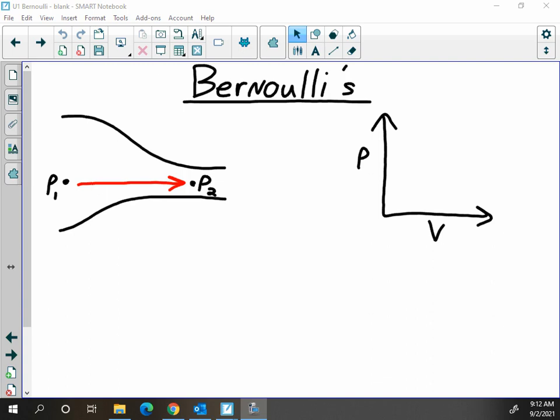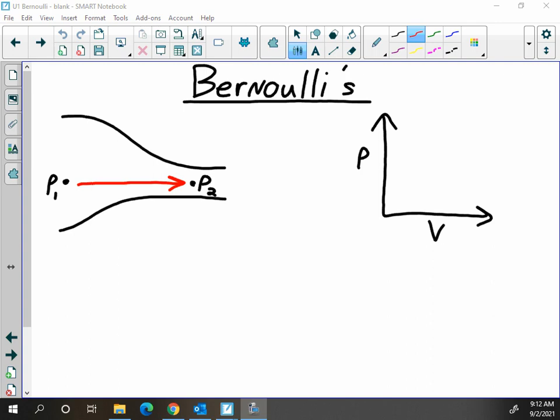Okay? So, what Bernoulli's does is kind of take that scenario, but look at more than just velocity. It really looks at everything, but in terms of energy. Okay? So if you remember back to last year, one of the most overarching laws that we had, especially second semester, was the law of conservation of energy.